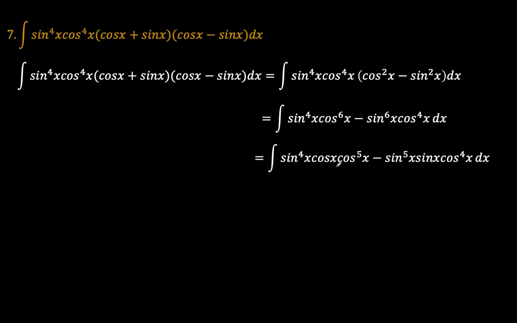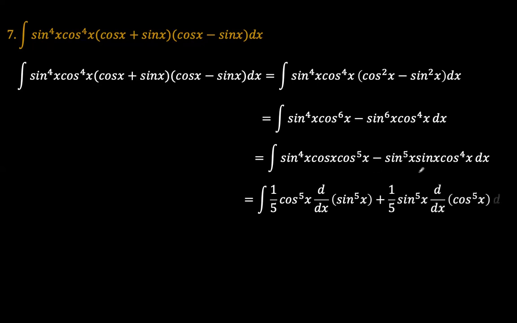You can see here, this is the same as the derivative of a fifth times sine to the power 5x times cosine 5x, including this sign here. It is a fifth times sine to the power 5x times the derivative of cosine to the power 5x.